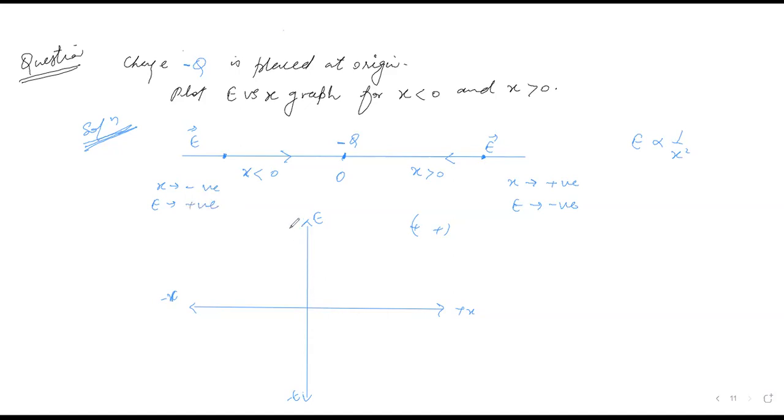In this case, the slope for X negative will always be in quadrant number 2, and for X positive, it will always be in quadrant number 4. Note it down again, please.